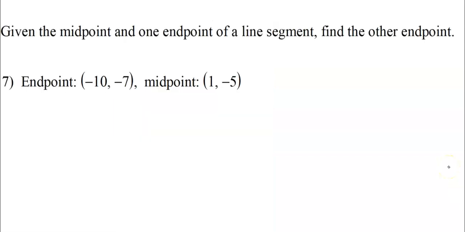Alrighty, welcome back. Now, in this group, we are given the midpoint, but it's still the midpoint, so we're still going to use that same formula. We're given a midpoint right here, and we're given an endpoint of a line segment. Let's find the other endpoint. Because we're talking midpoint and we have points, we're going to use the midpoint formula.